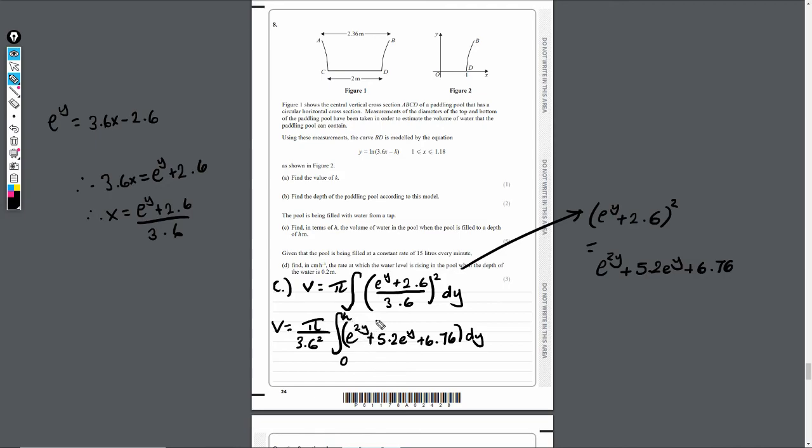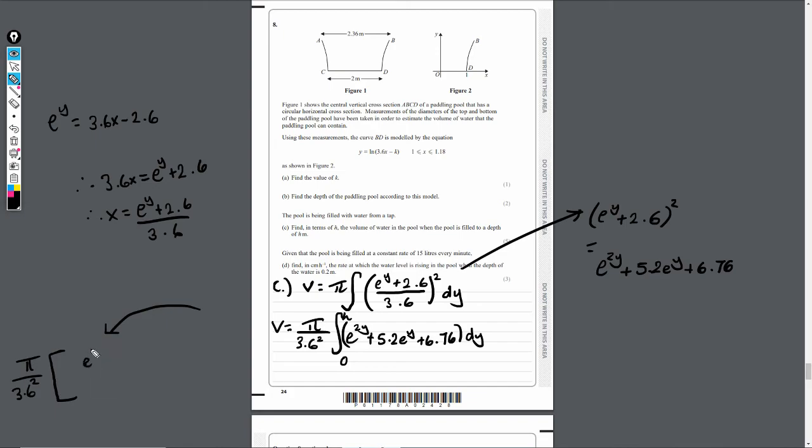So what will I get when I integrate this? Integrating this now, I'm going to do this over here just so I've got enough room. So this will be pi over 3.6 squared again, like so. In the bracket now, I'm going to get e to the 2y divided by 2, okay?